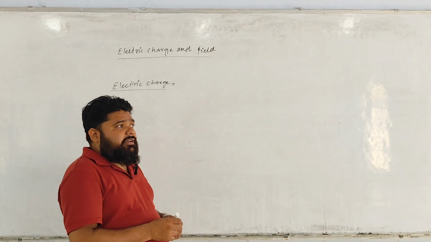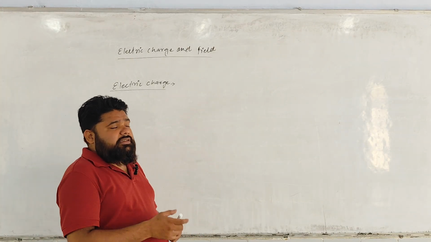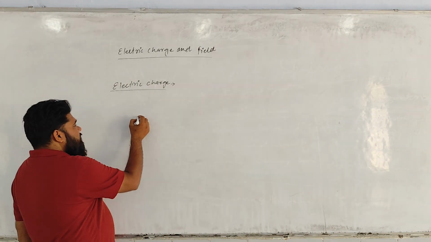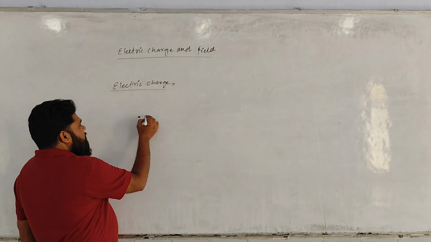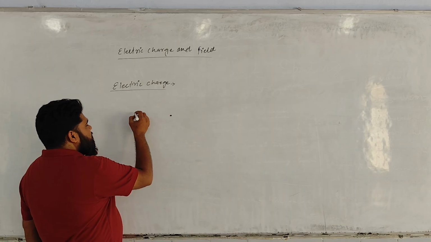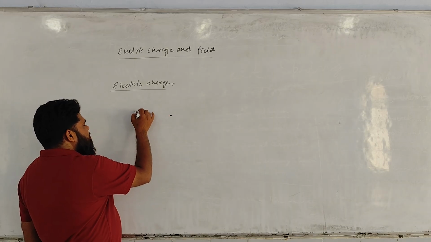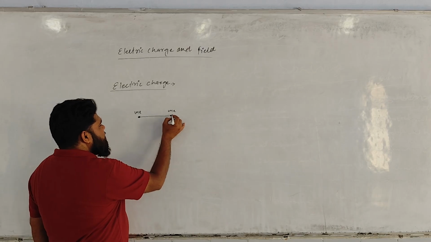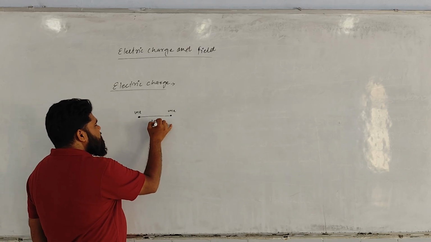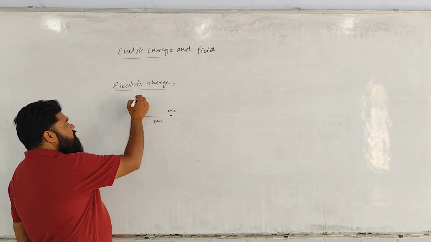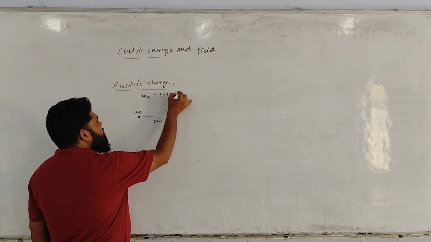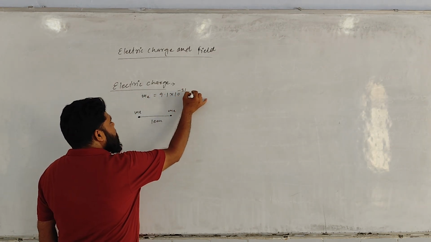Let's take an example. Suppose we have two electrons, each of mass Me, separated by a distance of 1 centimeter. The mass of an electron is 9.1 into 10 to the power minus 31 kilogram.